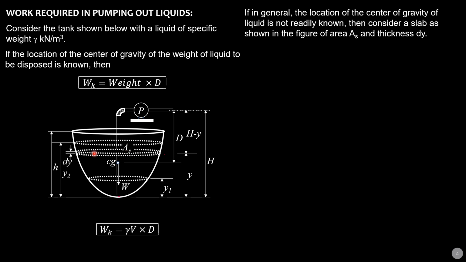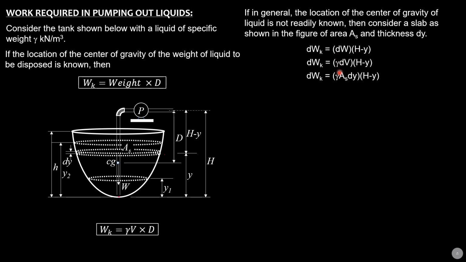So specific weight times differential volume area S dy represents the differential weight, and multiply that by the distance to the point of disposal, which is big H minus y. Big H is assumed to be known here. So differential work equals differential weight times distance H minus y.